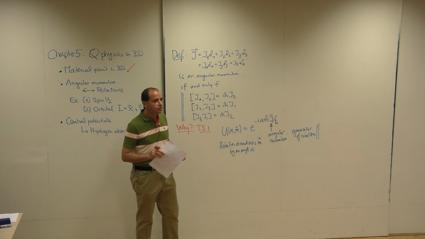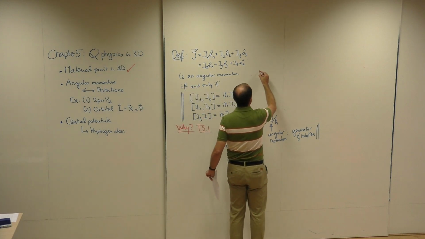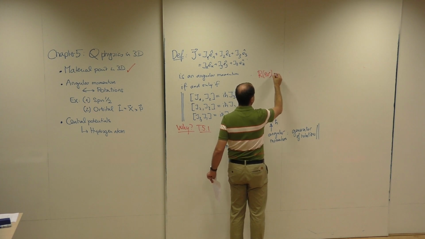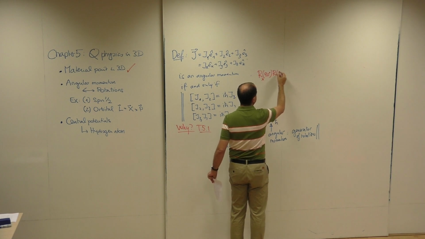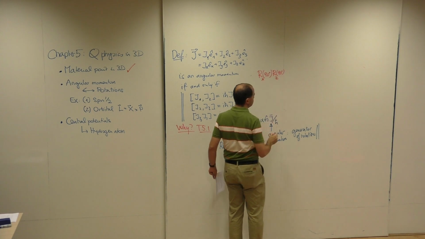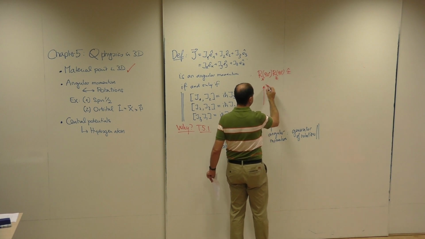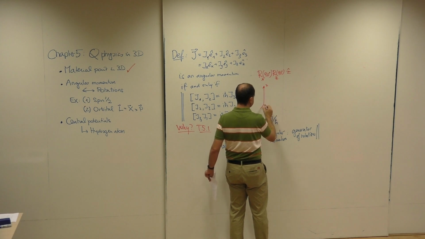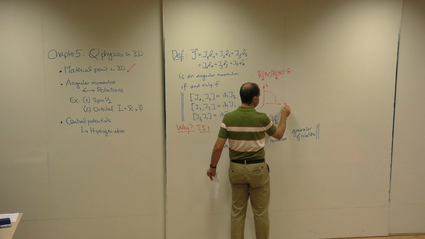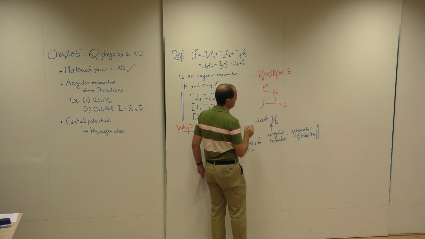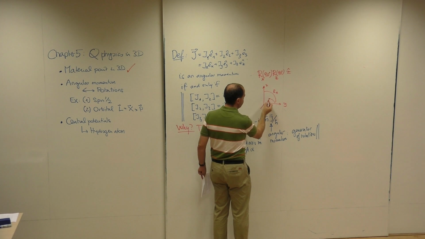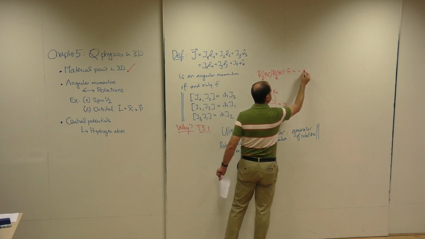Example: if I do a rotation of 90 degrees around x, followed by a rotation of 90 degrees around z, and let's say I start from the vector z. I start from z, I rotate around x, so I end up in y, and I rotate 90 degrees around z, I end up in minus x. So this is minus x.